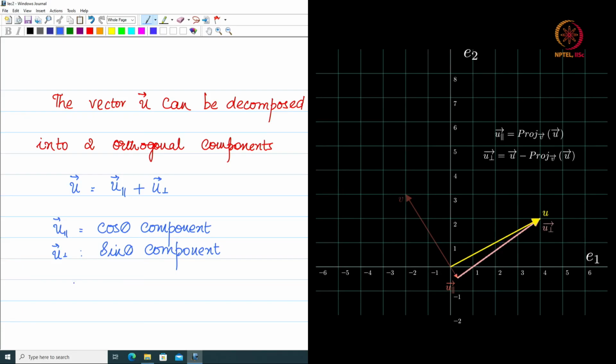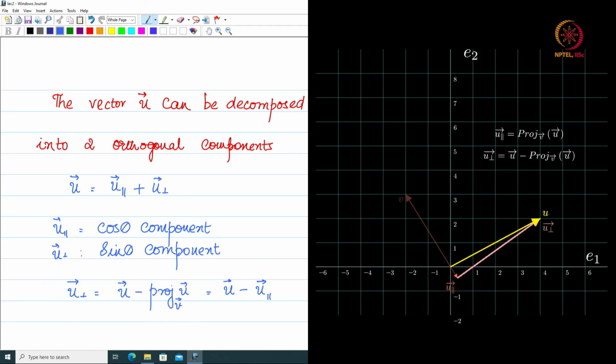So, what we will do is say u perpendicular is basically the vector u minus the projection of vector u in the direction of v, that is u minus u parallel, right.